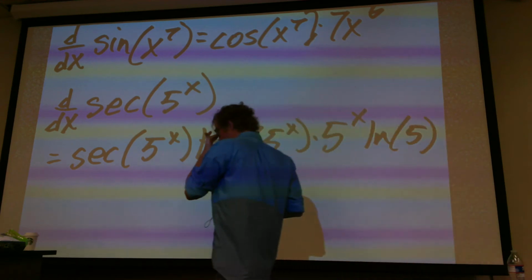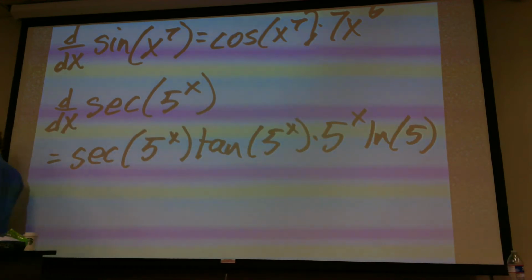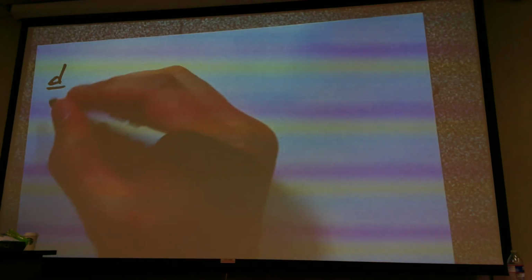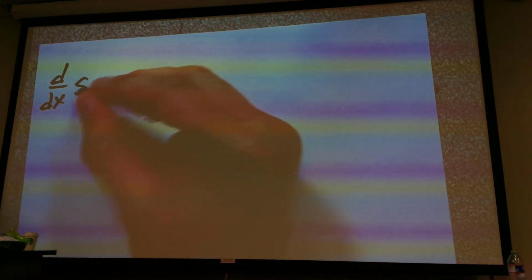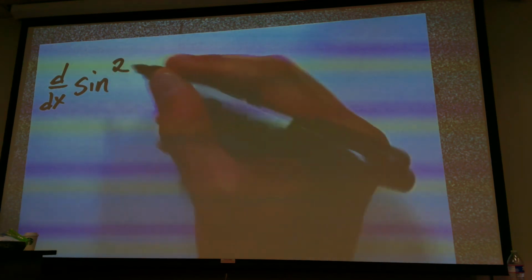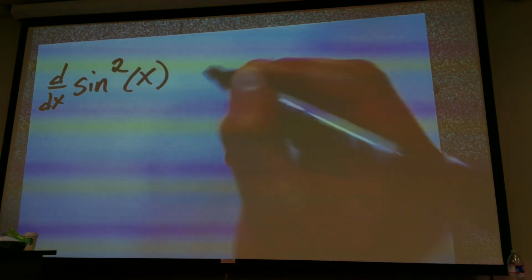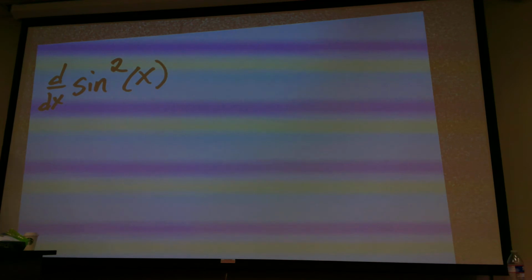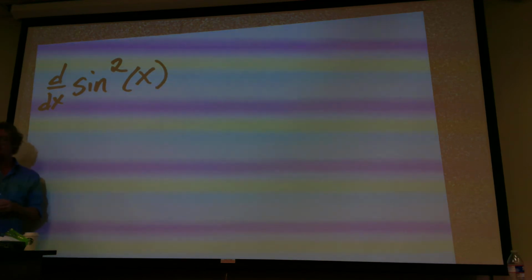So let's say I was going to take the derivative with respect to x of sine squared of x. See, it's not exactly obvious which guy is trapped within the parentheses.